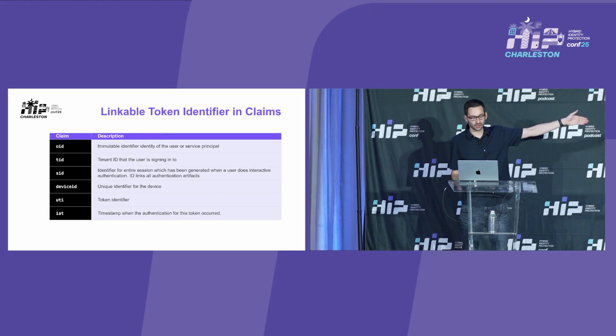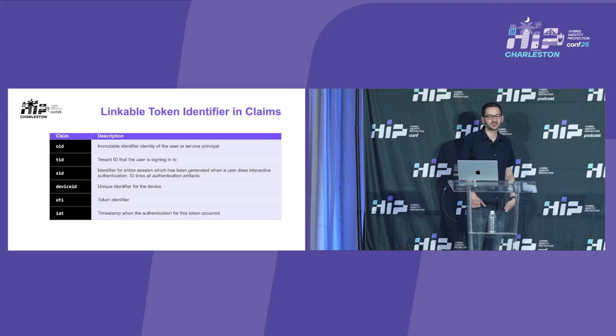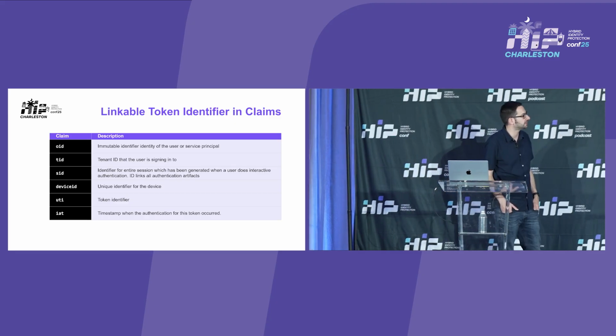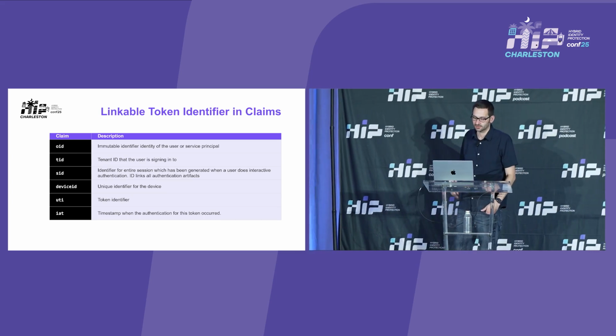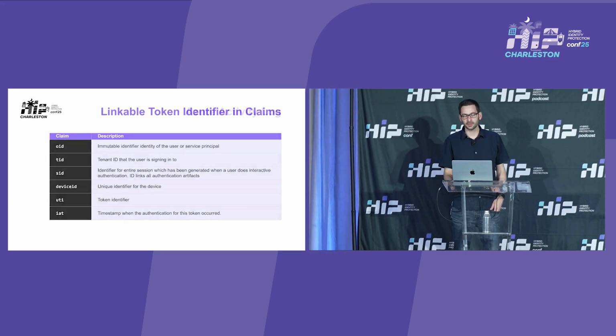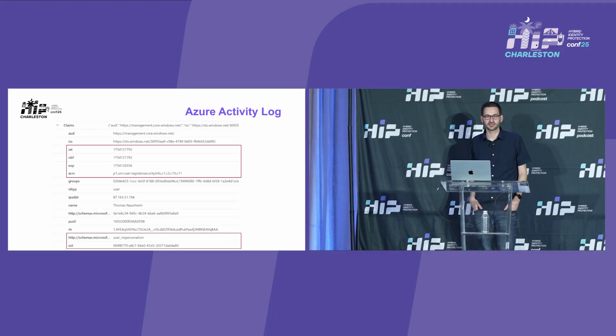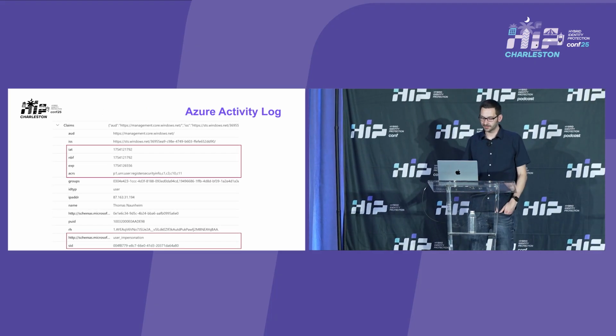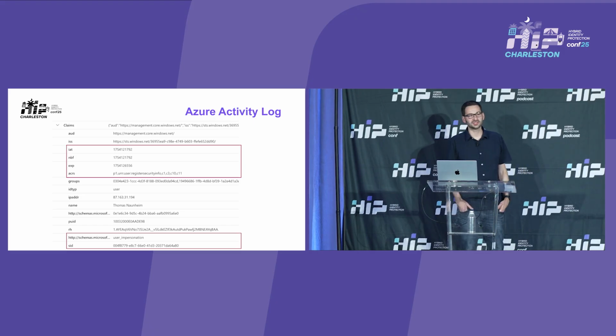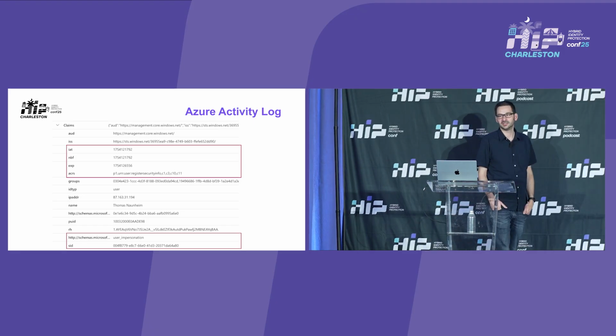So Microsoft's goal is that we have all of these claims from the token as part of the activity logs in Microsoft 365 and so on. But I'm really in love with the Azure activity logs that are not mentioned, because what the Azure team is doing, they parse all the token claims in the activity log.